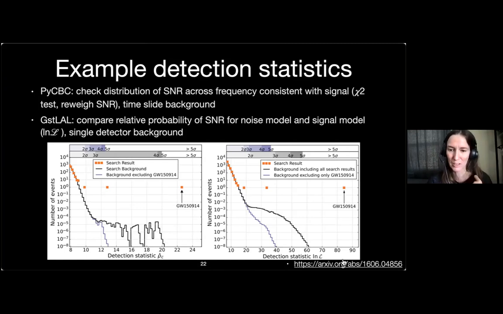And so these were both used for some of the original first observing run searches and results, and have since evolved and been joined by many additional techniques to resolve signals from the gravitational wave background.